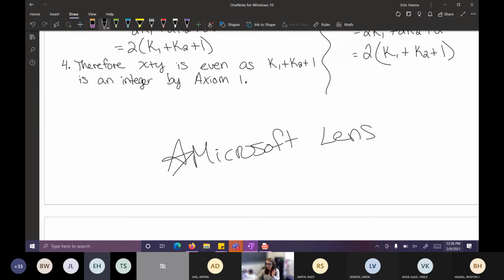It's free, and you can take a bunch of pictures and turn it into a PDF. It's a free app, and if you can't figure it out, you can just take pictures and upload those. It's not the end of the world, but it's much easier to grade if everything's in one file. So if you can just use Microsoft Lens and put them all into one PDF, I'm going to love you.